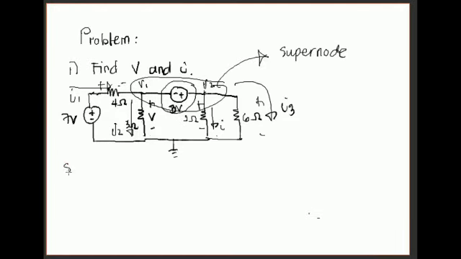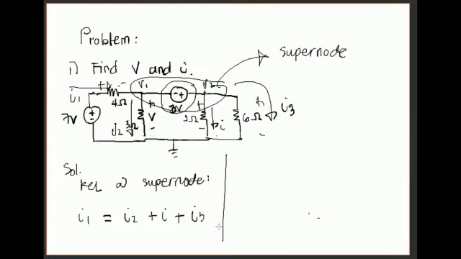So for our solution, we apply KCL at the supernode. The currents involved: we have I1 as the current coming in, and currents coming out are I2, I, and I3.